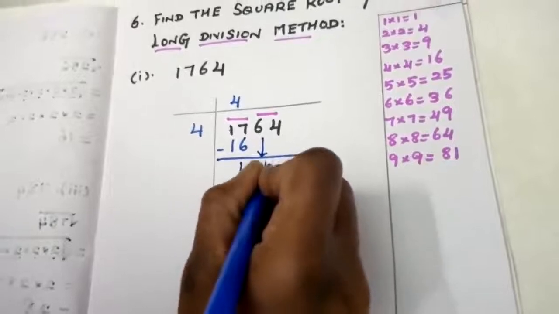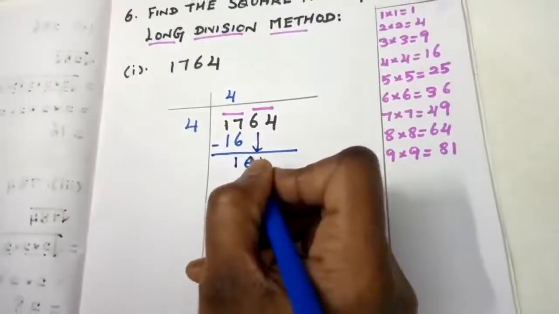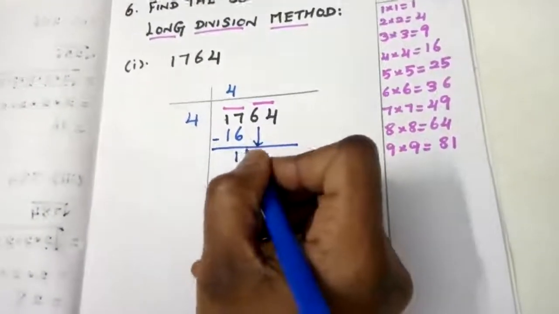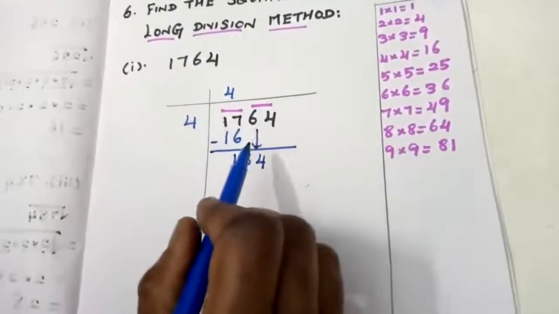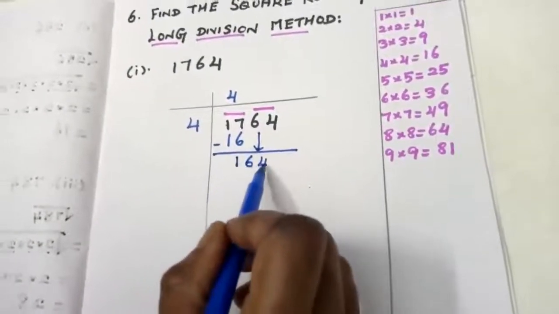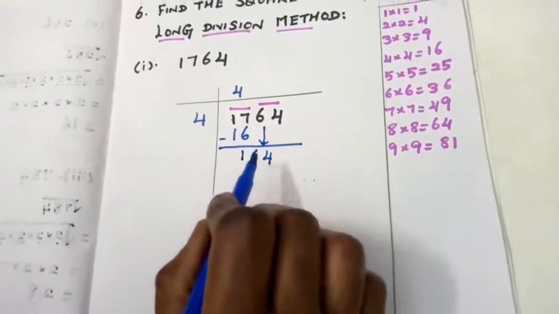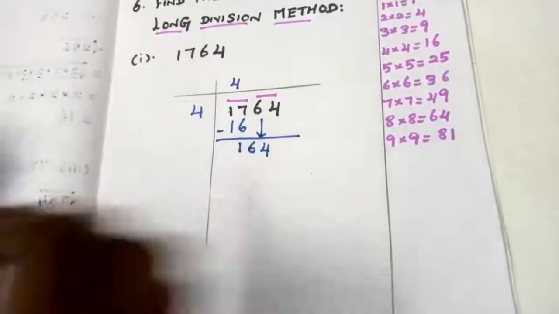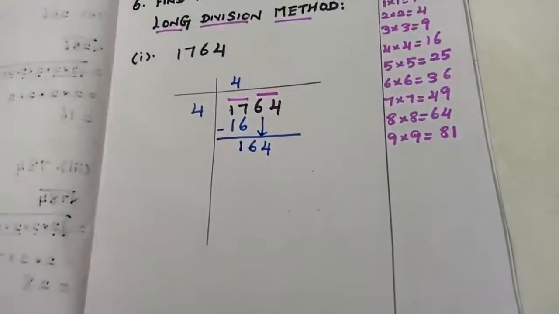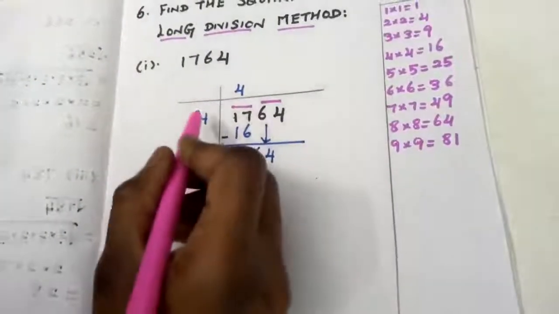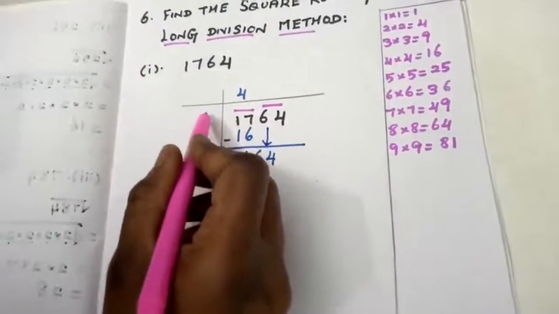This is not a division, students. This is the long division method for finding the square root. So this is the way of doing the sum. 164. Now just take time to do the sum. The next step is going to be very important. What is the number I am getting here?